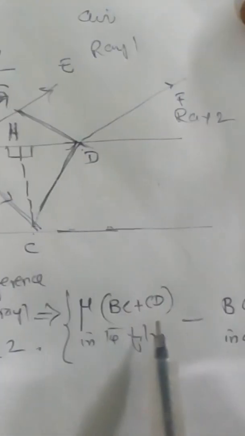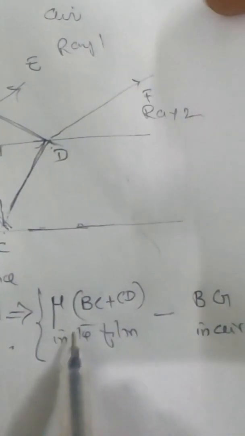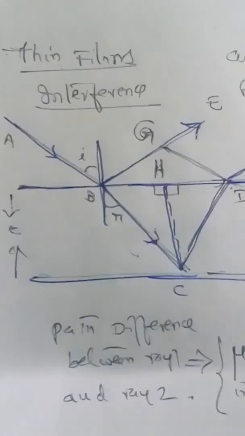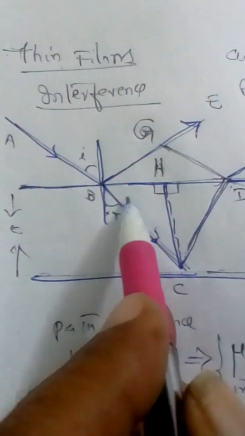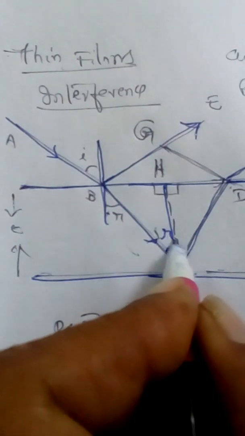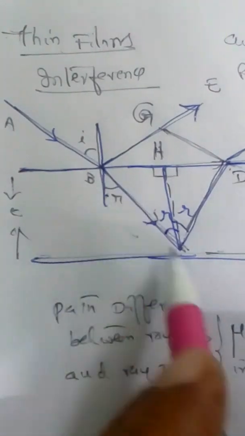Therefore here you don't get a mu value. This is 1 into BG. So this equation you have to remember as equation 1. Clear? Now, if this is angle of refraction R, this will be angle of refraction R, this will be angle of refraction R. Now take the triangle BCH.